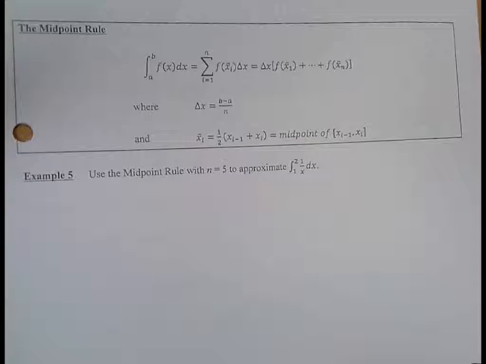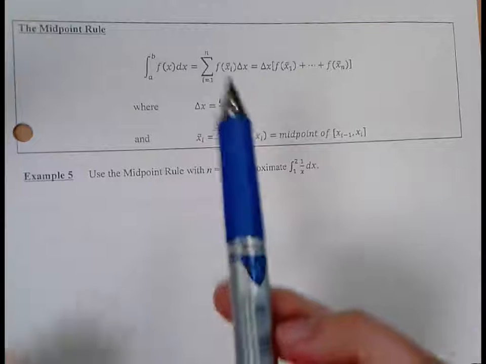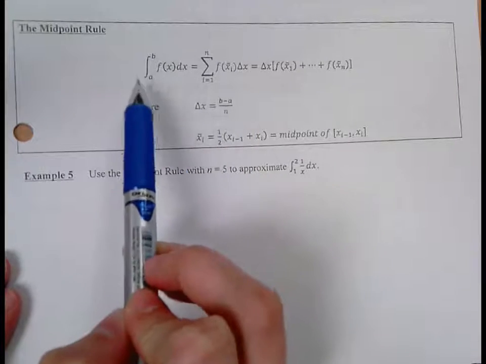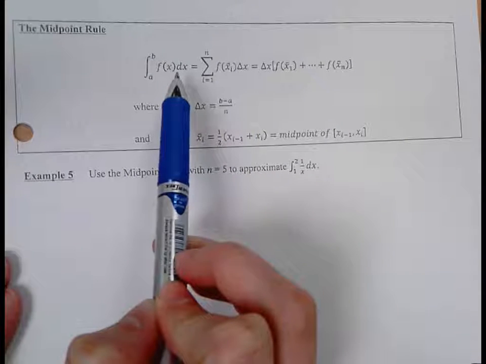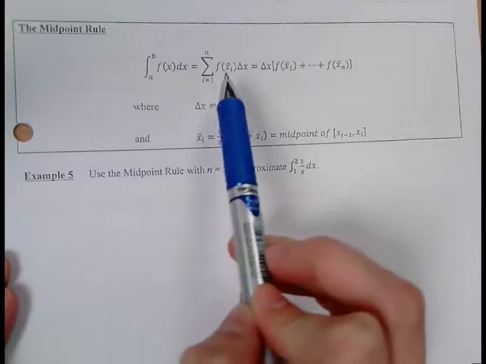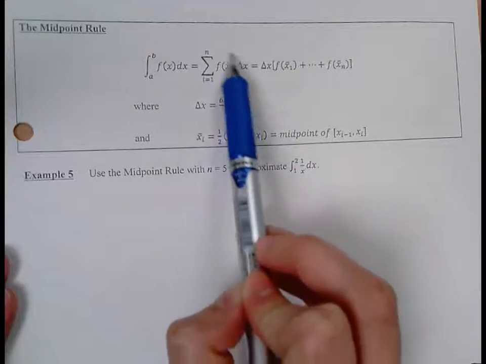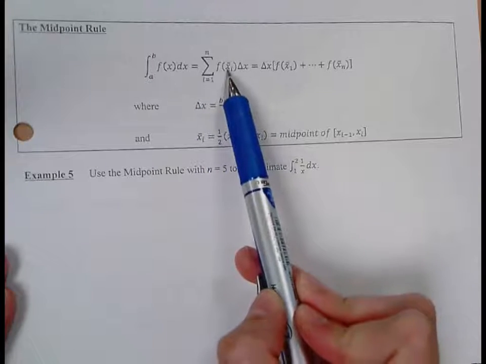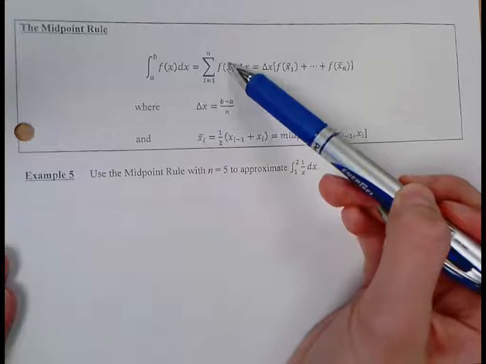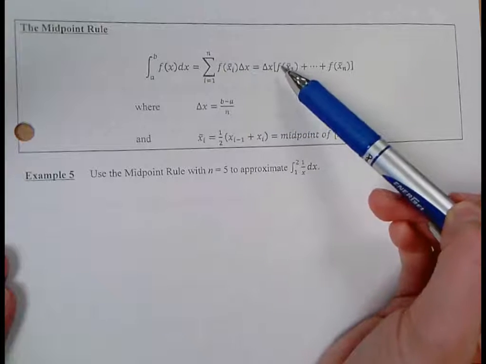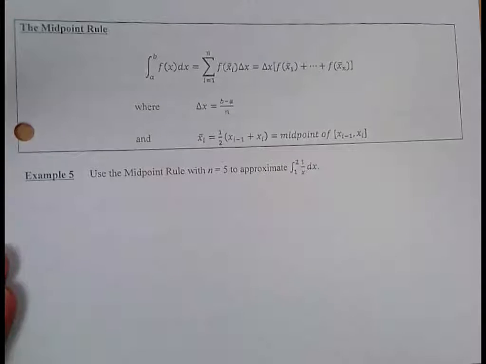So midpoint rule is also something that you've really already done. All it says is another way to approximate an integral is by finding this summation, and the x sub i bar that is here just means that you are using the midpoint of each interval as the x value at which the height of the rectangle is occurring.